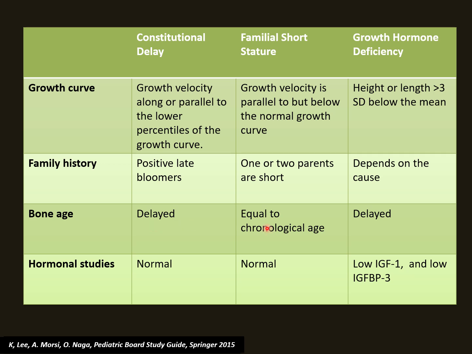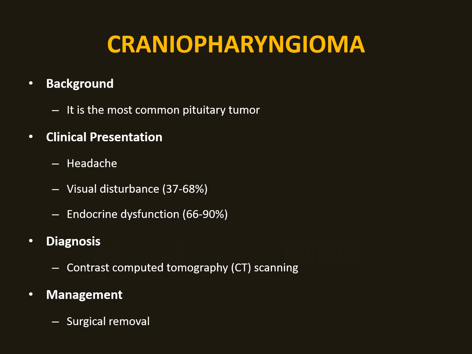For familial short stature, the bone age will be more or less equal to the chronological age. And in cases of growth hormone deficiency, bone age will be delayed. Hormonal study, in most of the cases, will be normal. Familial short stature, hormonal study is normal. Here it is abnormal. These children will have growth hormone deficiency.